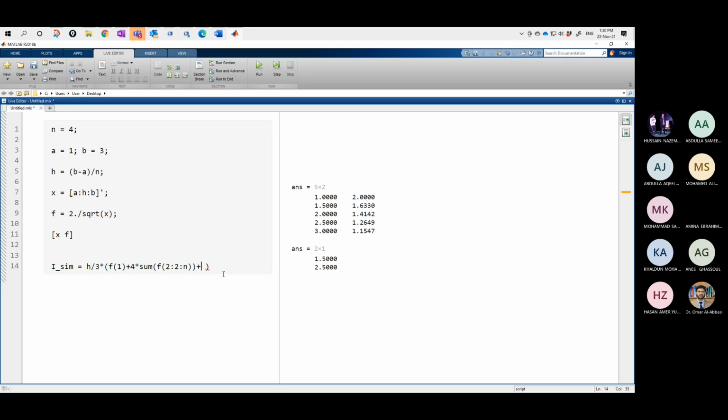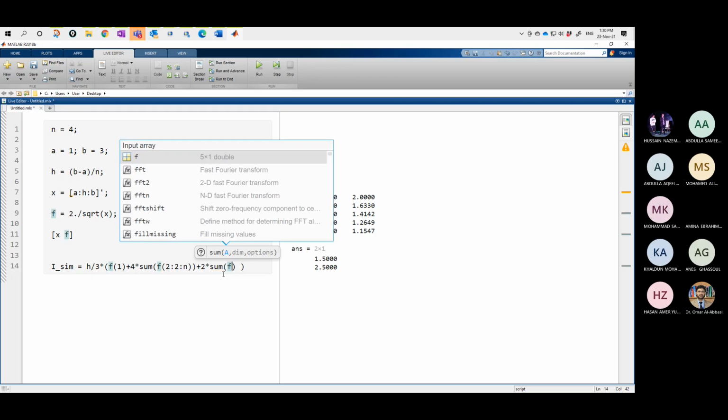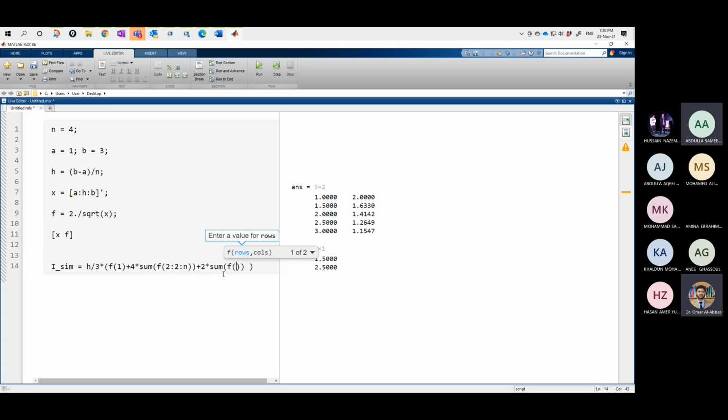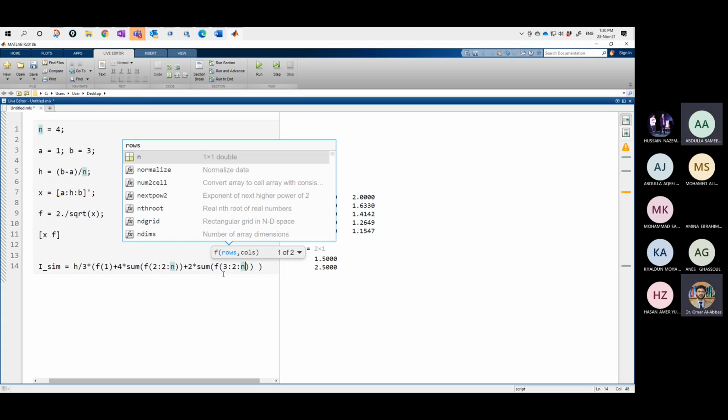Plus, how can we do that for the odd points? 2 times summation of the odd points. How can we call only the odd points? 3 with increment 2 to n. So n, exactly.